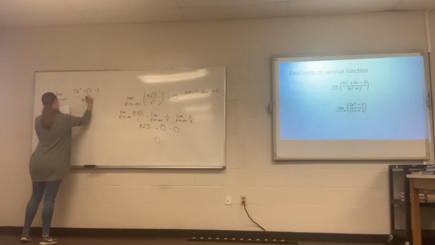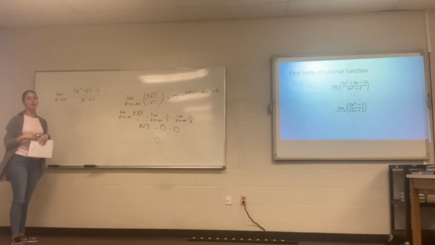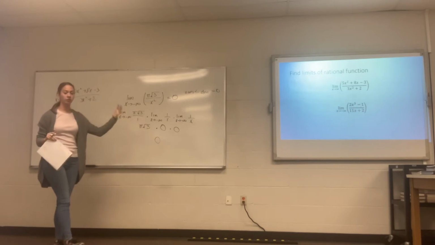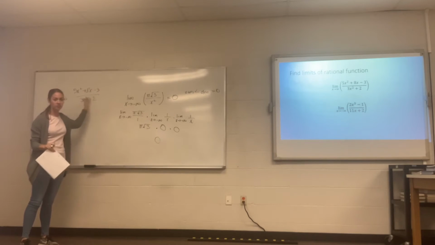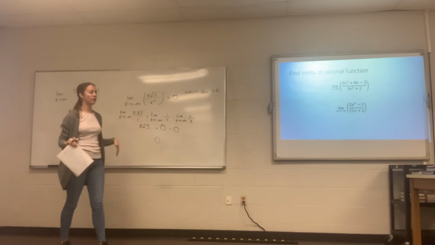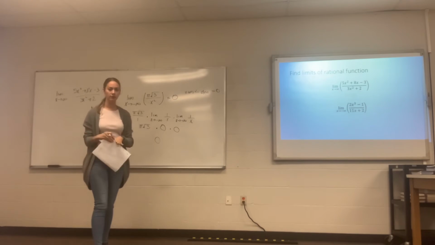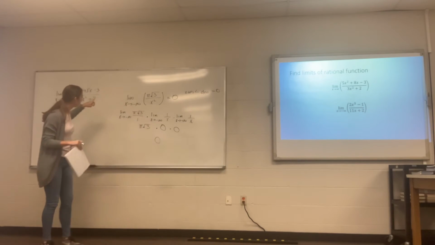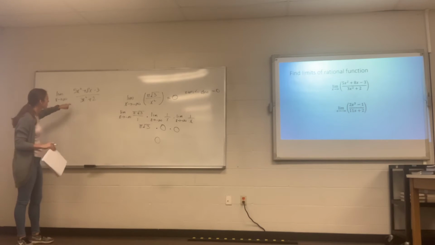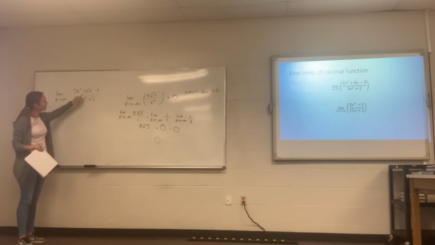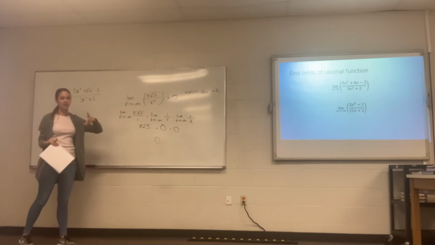Okay, so then looking at this, I know I have a rational function because I have a function in my numerator and a function in my denominator. So when I see something like that, I know I can use my rules. And so now I want to look at my highest exponents. And for this, I have a squared in my numerator and a squared in my denominator.